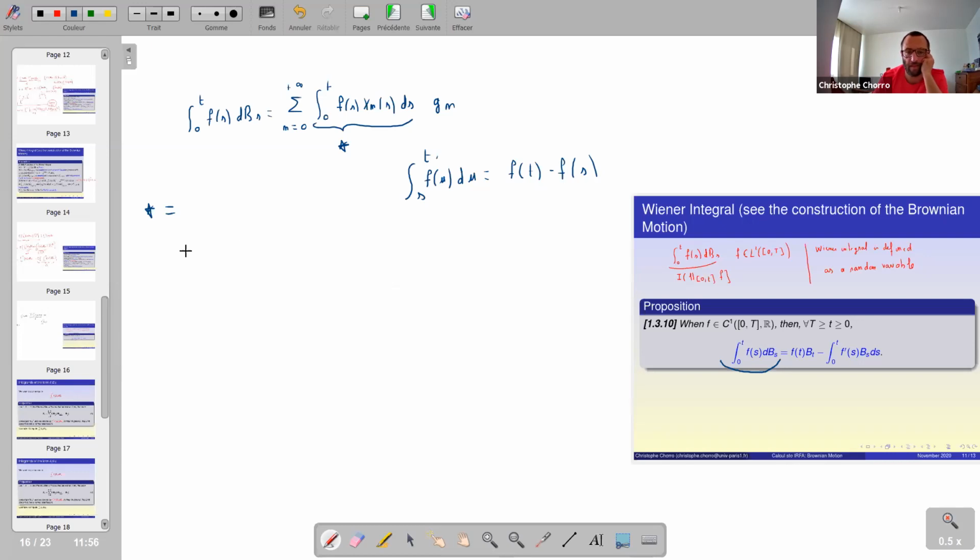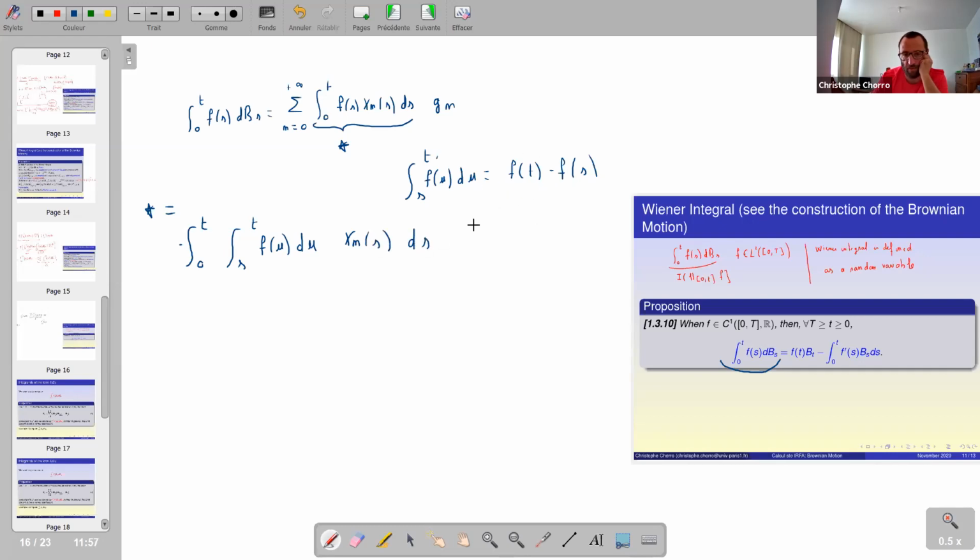So in other words, the term I am interested in can be expressed as the integral between 0 and t of f of s, but f of s is equal to f of t minus the integral between s and t of f prime of u du, times kn of s ds.